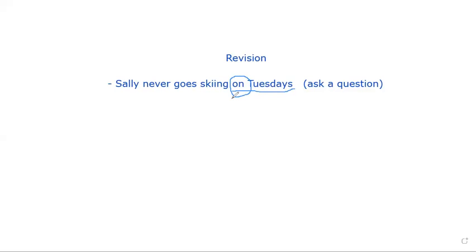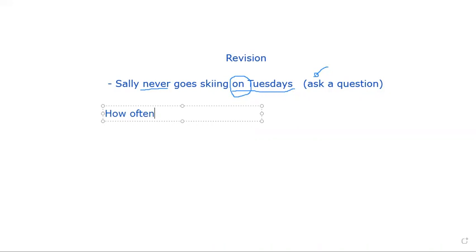So whenever we have an adverb of frequency or a day of the week in the sentence, and then they tell you to ask a question, what do we always use? We always use one question word, and it is how often.